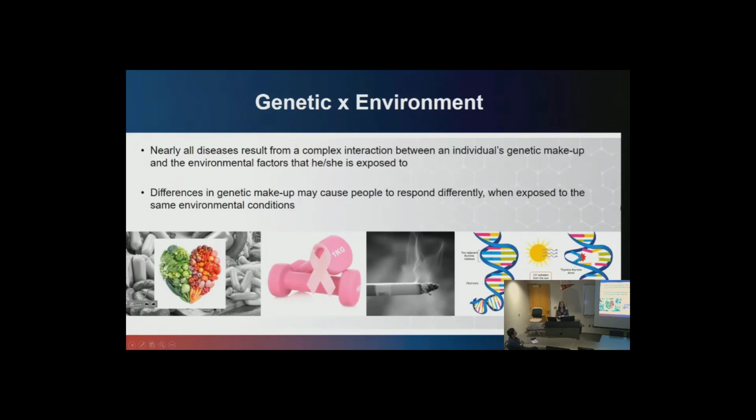And differences in genetic makeup may cause people to respond differently when exposed to the same environmental conditions. Transcriptome profiling has the potential to capture this dynamic nature of genetic-environment interaction.